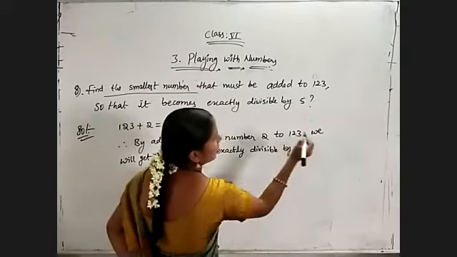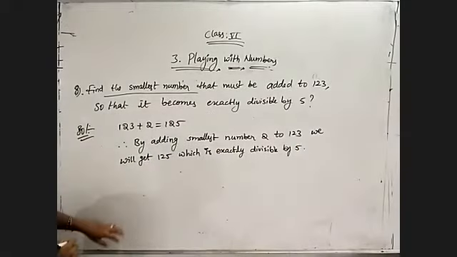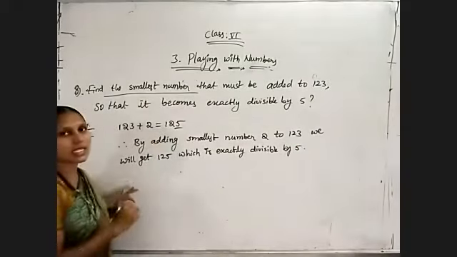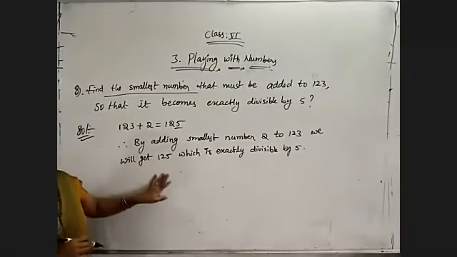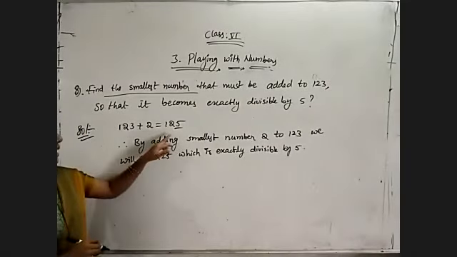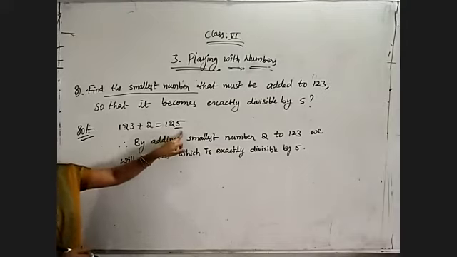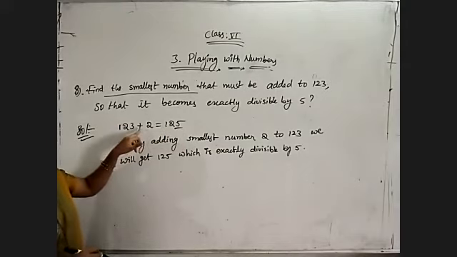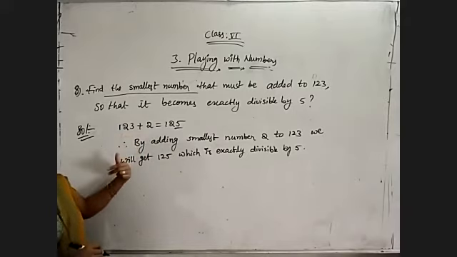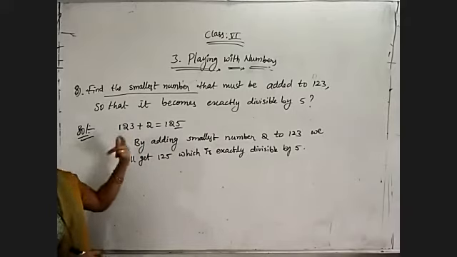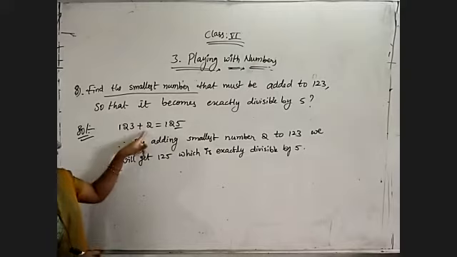That's all. Why is it exactly divisible by 5? Because in the unit place it has 5. Either we need to get 0 or 5. They are asking to add. If we go for subtraction, 123 minus 3, then we get 120, and 120 is divisible by 5. But they are asking for addition.